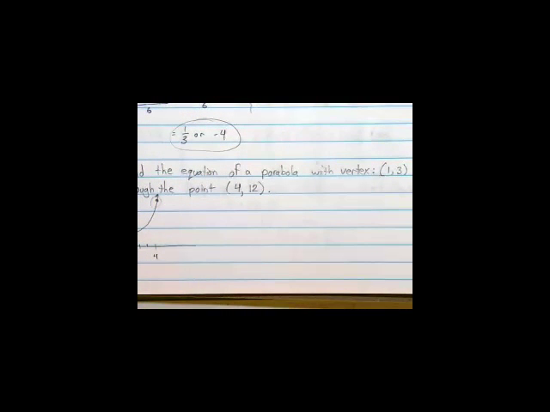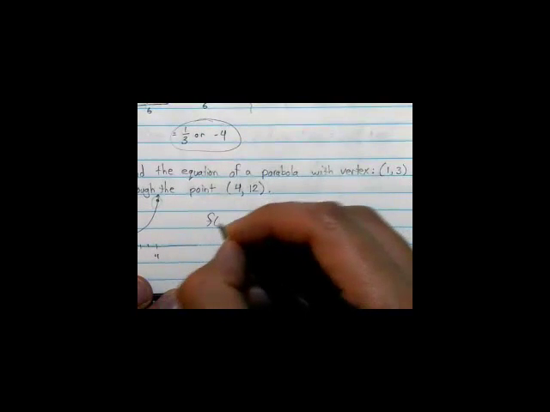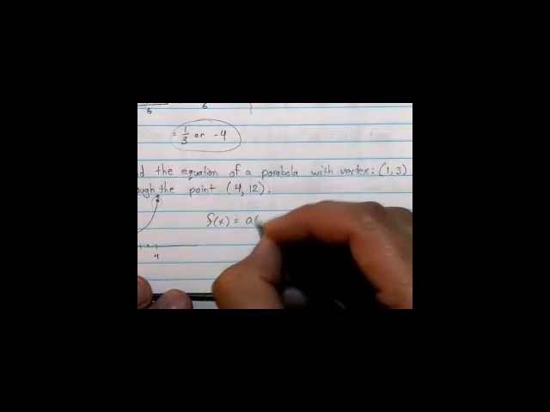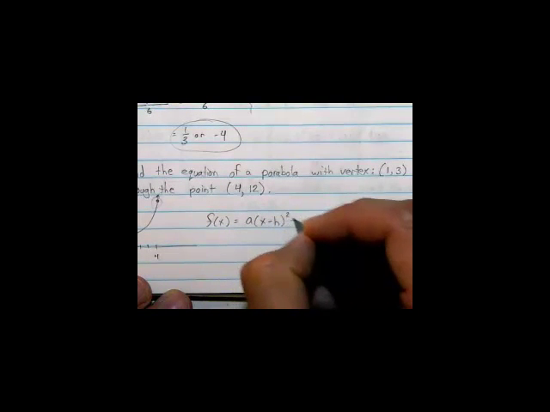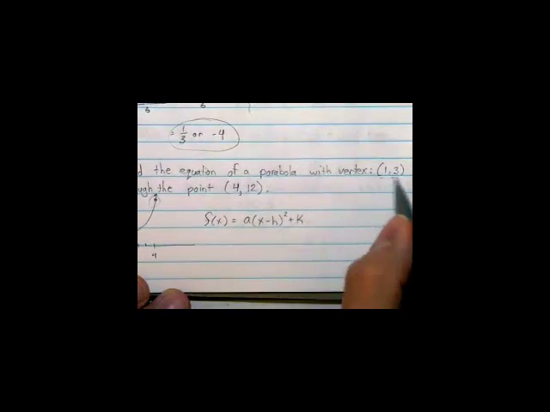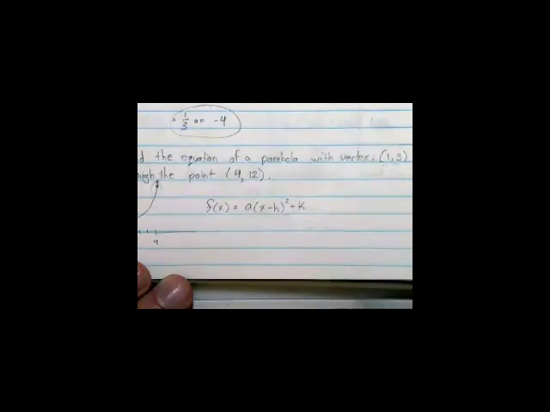Okay. So what we can do is, since we know the vertex, what form of a parabola do you think is going to be good to start with here then? Yeah, if we start in vertex form, and just plug in our h and our k, we're already most of the way there then.